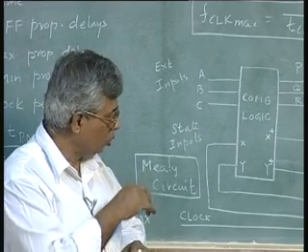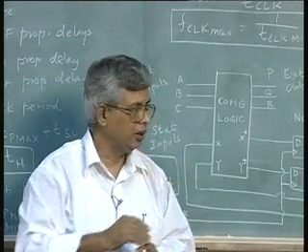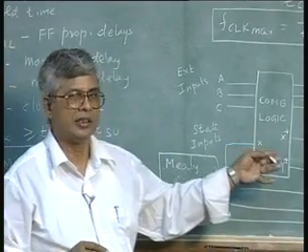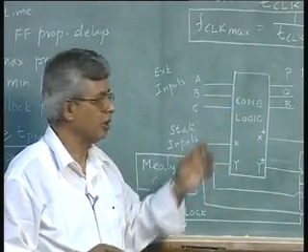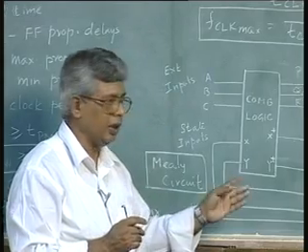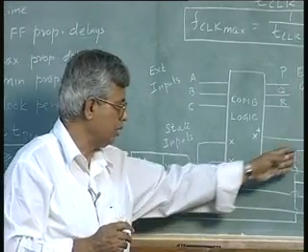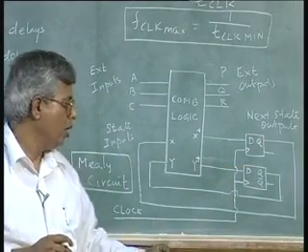Now, I want to go a little out of this. We will come back to the design of these digital systems in this format using flip flops and combination logic. When you use the same clock, because in this case all the flip flops are clocked at the same time, only one stage of flip flops.